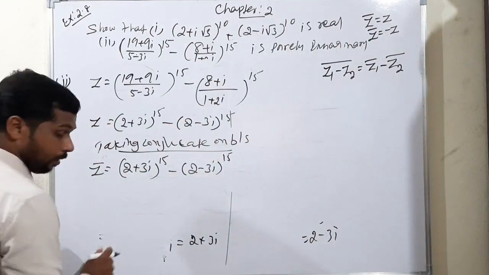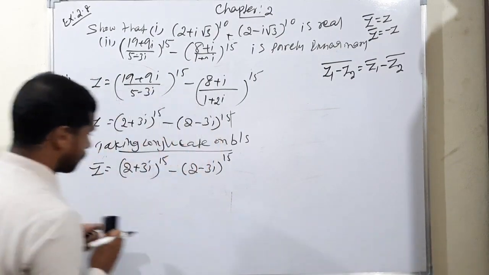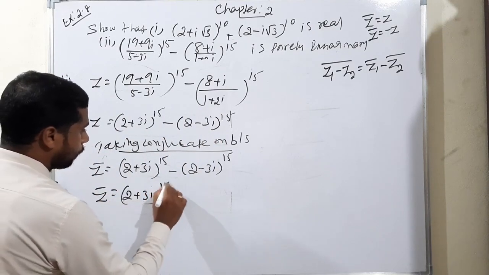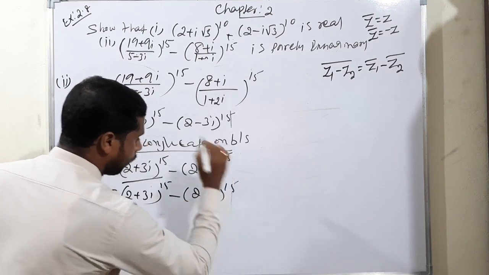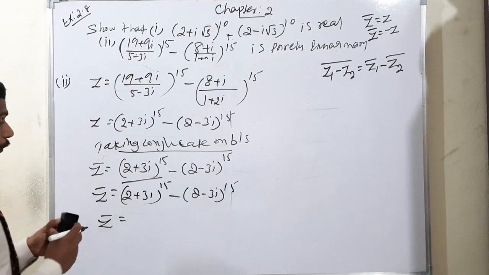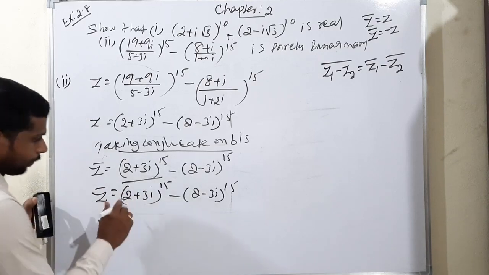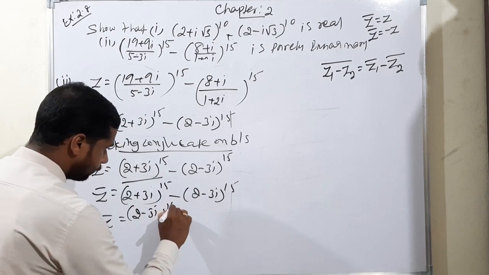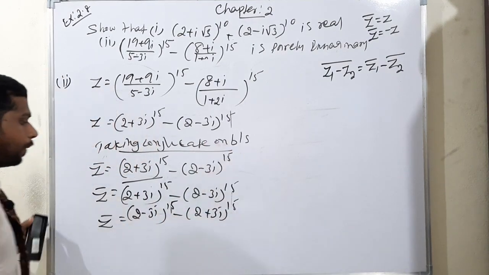So we have to apply this in these places. So Z bar is equal to 2 plus 3i the whole power 15, then minus of 2 minus 3i the whole power 15. Then Z bar is equal to, if you remove the conjugate, you have to change the sign of only the imaginary term. So 2 minus 3i the whole power 15, then minus of 2 plus 3i the whole power 15.